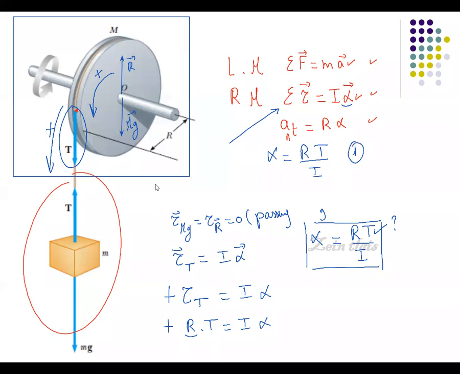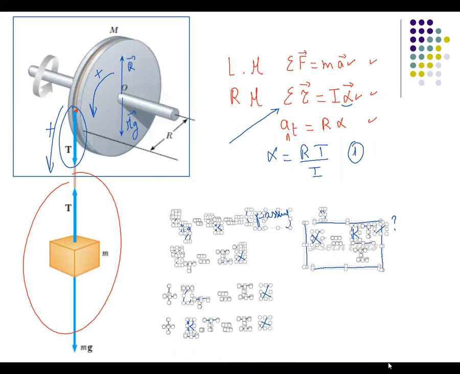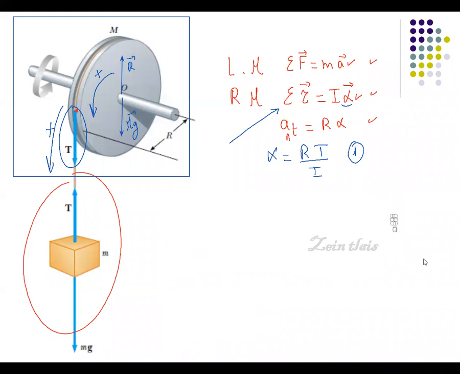The second equation, I need to calculate A. I said before that A of the mass M equals A tangent of the point A here.